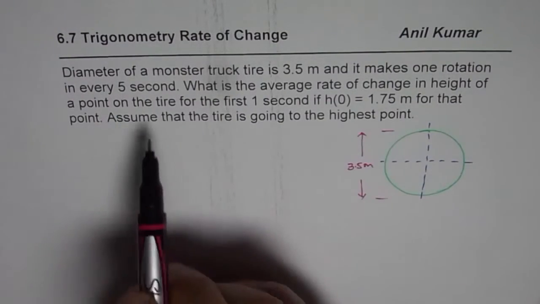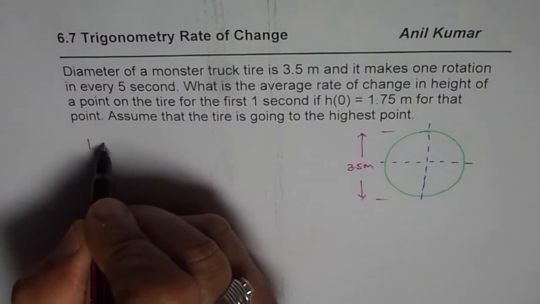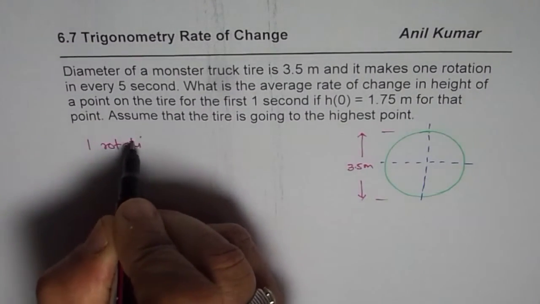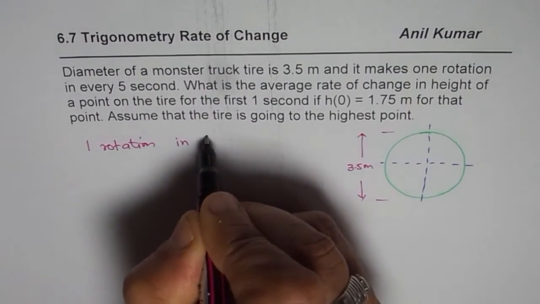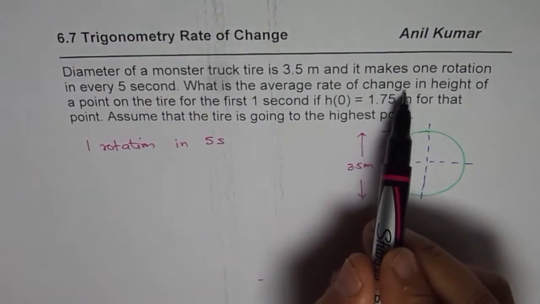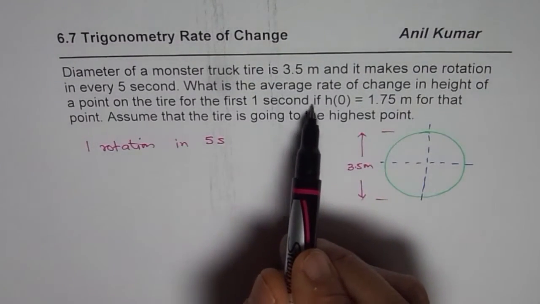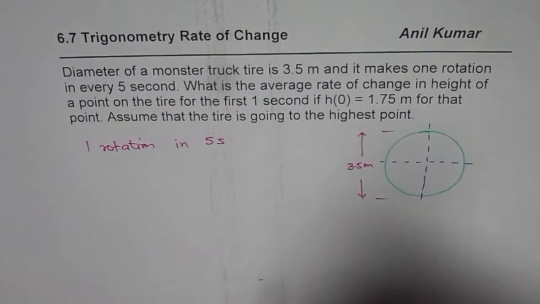That is given to us. And it makes one rotation in 5 seconds. What is the average rate of change in height of a point on the tire for the first second if h of 0 is 1.75.